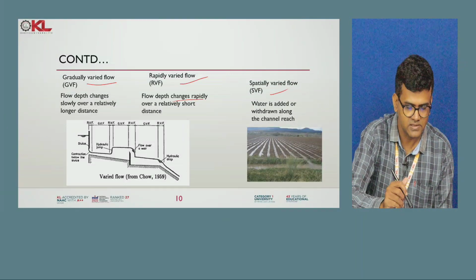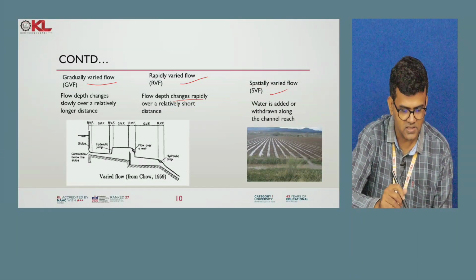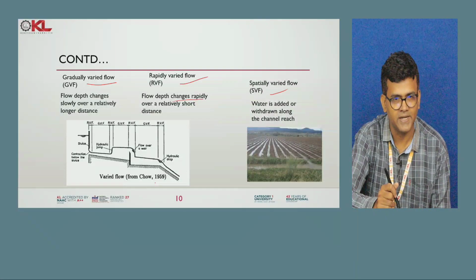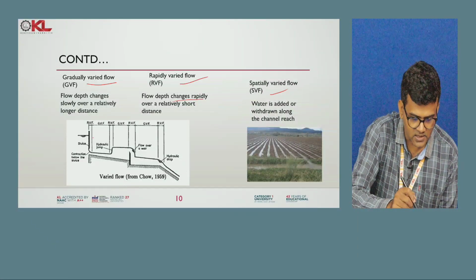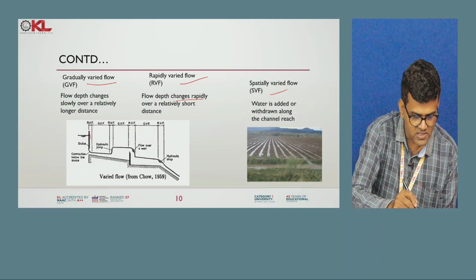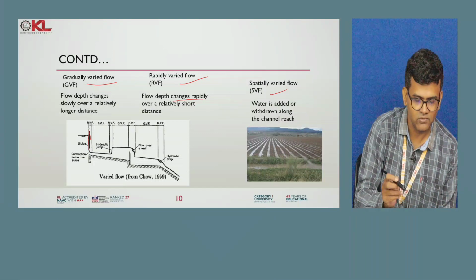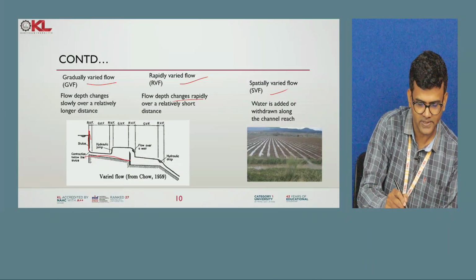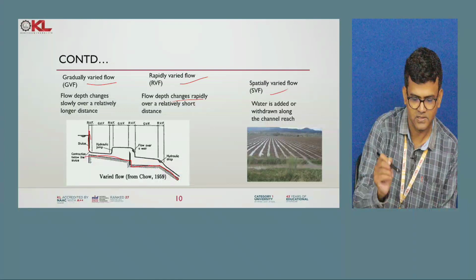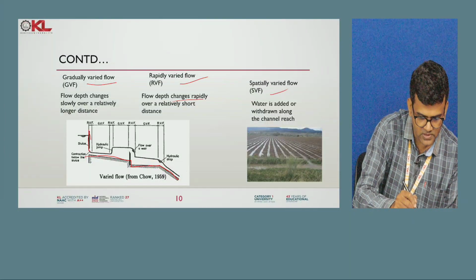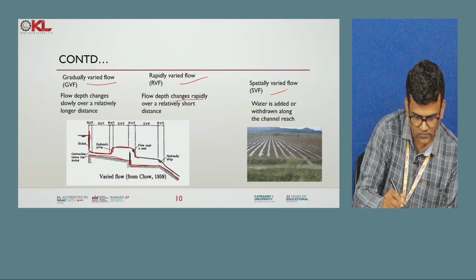You can see an example here. This is the diagram given in the Chow book, 1959. You can see the sluice structure is there, open channel flow is there, this is the bed, and this black line is showing the top surface of the flow.